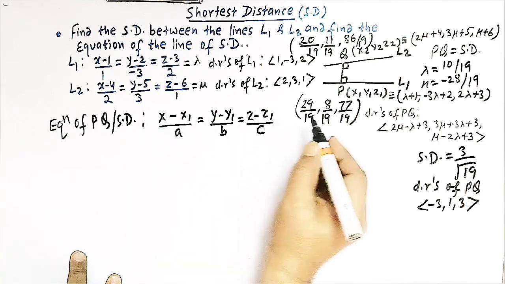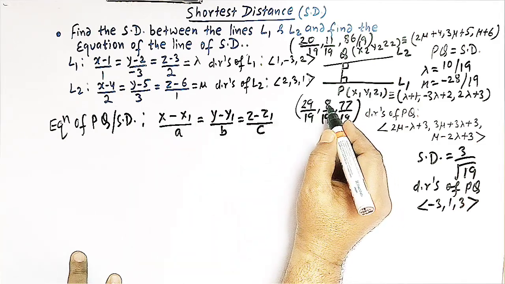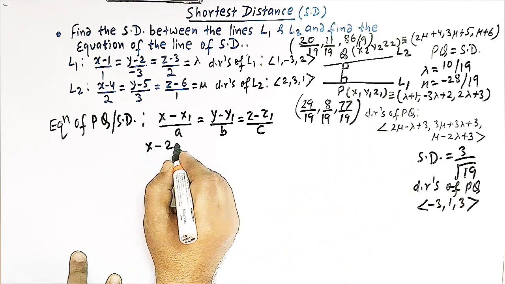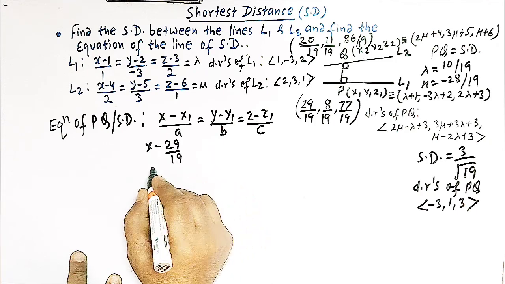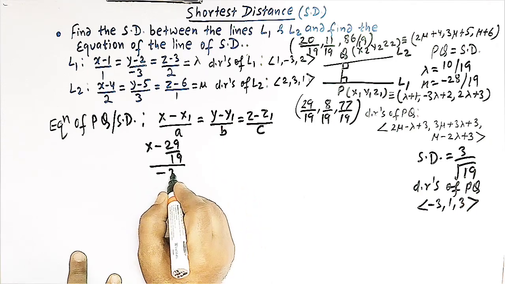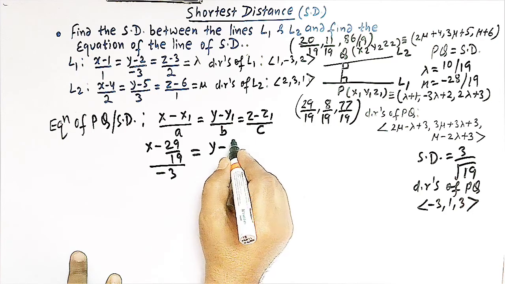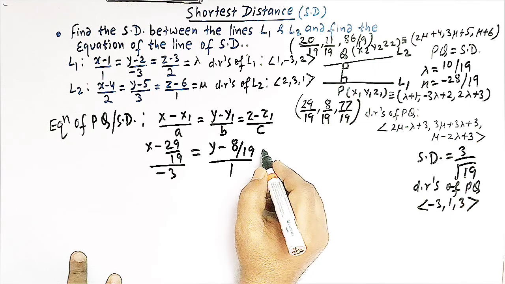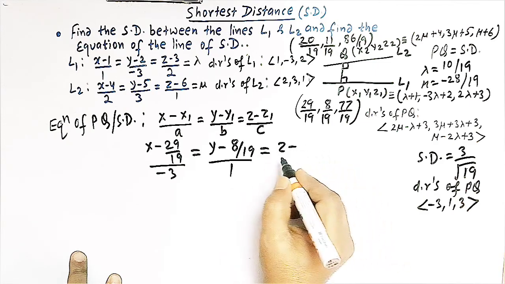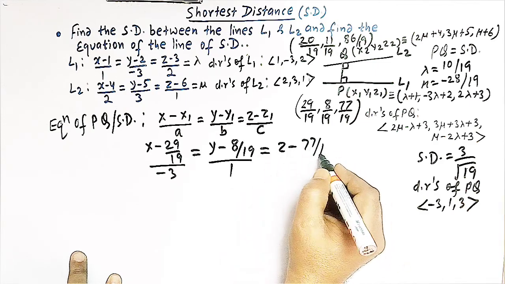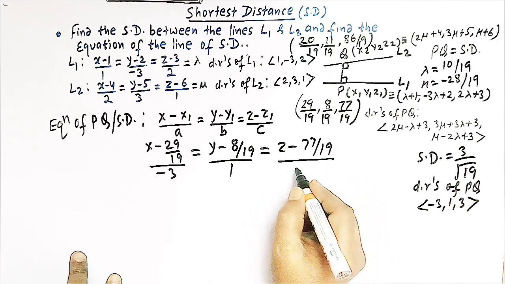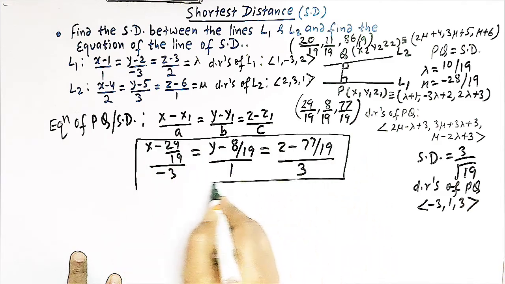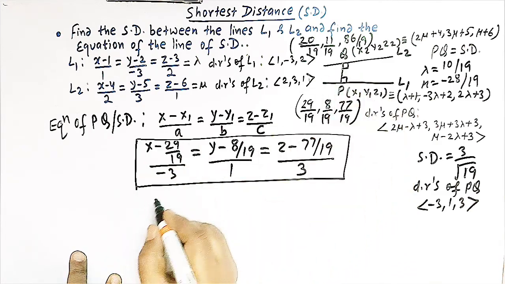So x1, y1, z1 are 29 over 19, 8 over 19, 77 over 19. So we have x minus 29 over 19 over minus 3, and then we have y minus 8 over 19, and here we have 1, and then we have z minus 77 over 19, and here we have 3. So this is the required equation of the line of shortest distance.